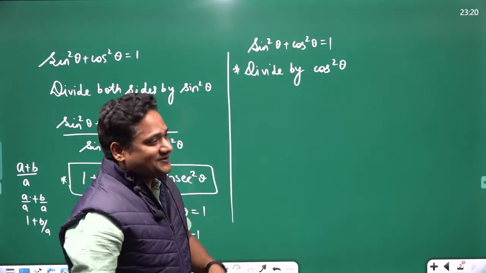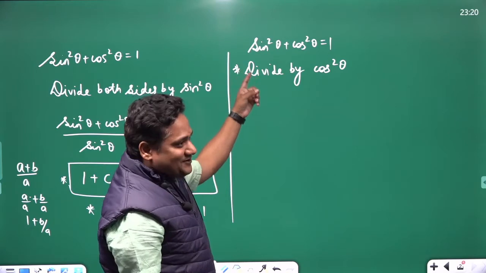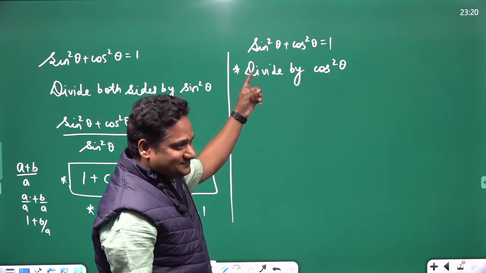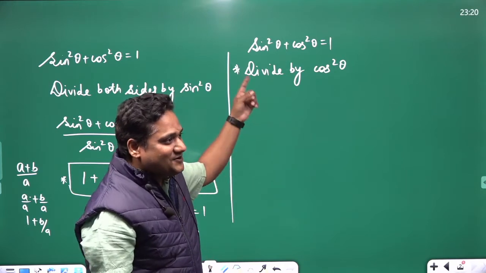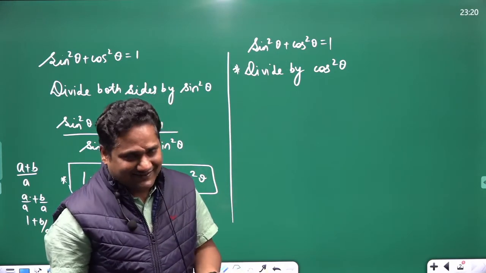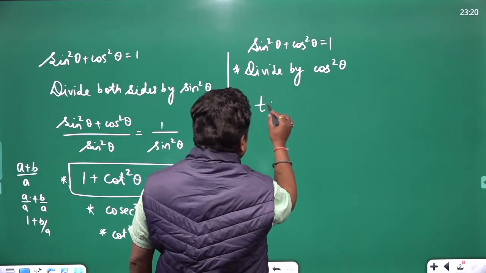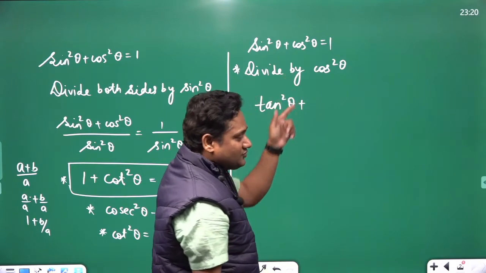Okay, not such kind of hungry. Just telling you, sine over cos is what? Tan. That means tan square theta, right? And cos over cos is 1.